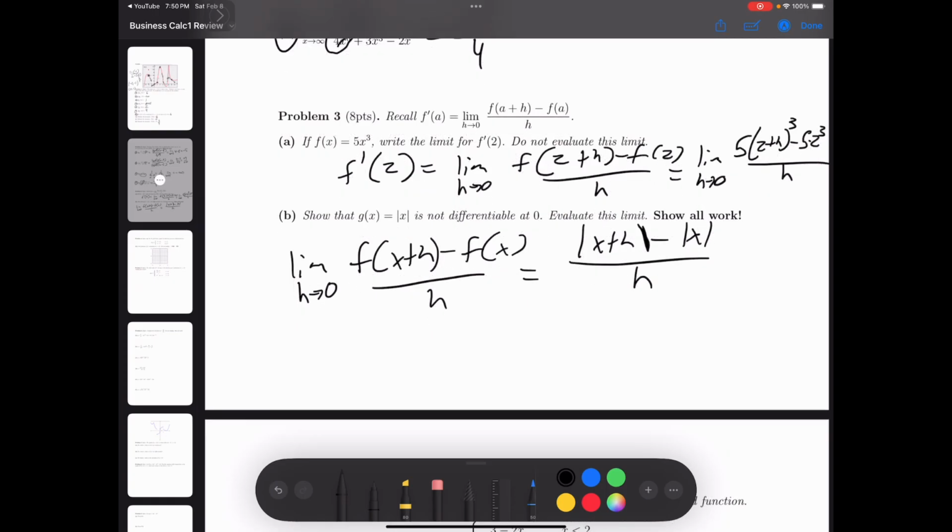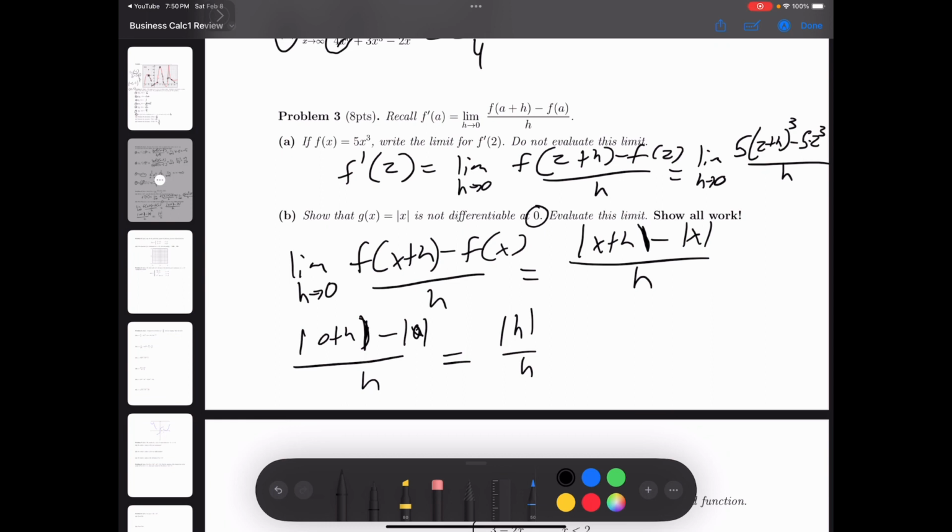Now we see that x here is going to be 0, so let's plug that in, and we get the absolute value of 0 plus h minus absolute value of 0 over h, which is equal to the absolute value of h over h.